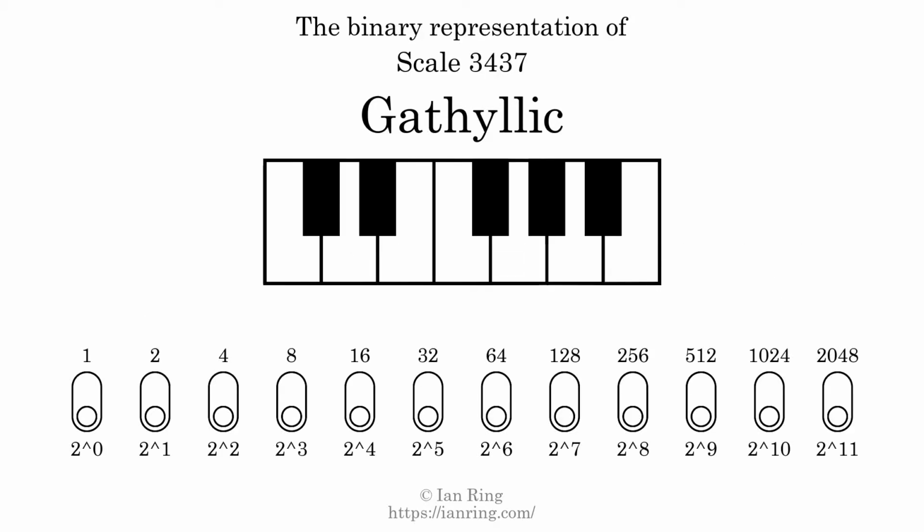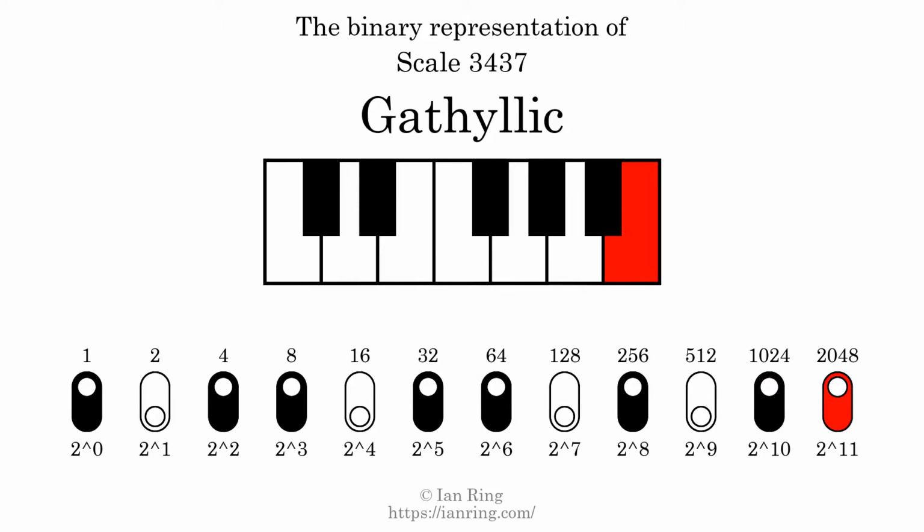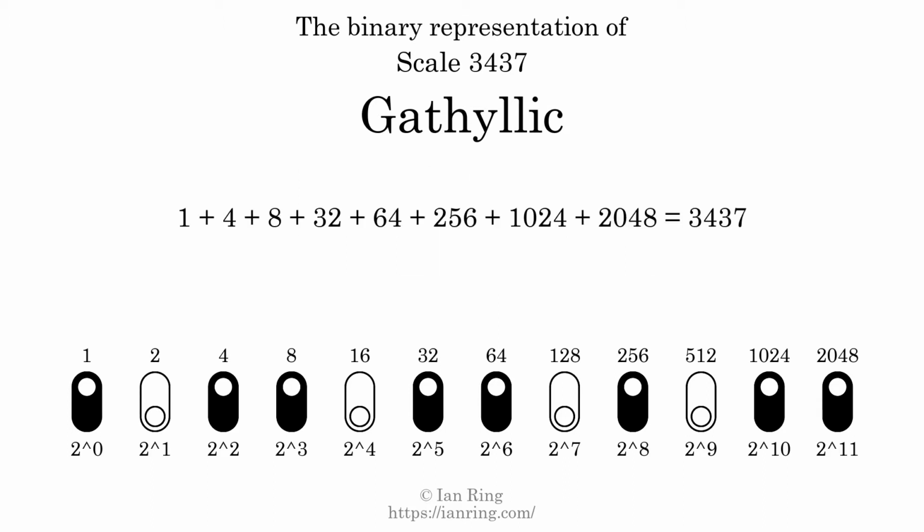The binary representation of this scale is determined by mapping tones of the scale to binary digits. Each binary digit represents a power of 2. To get the scale number, we add the powers of 2 together. The powers of 2 that are present in the scale, all added together, equals 3437.